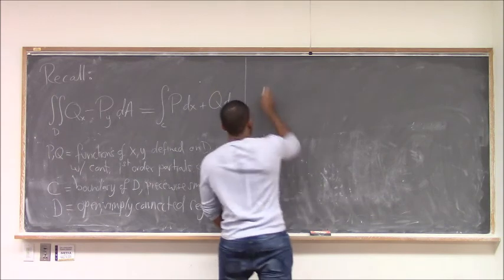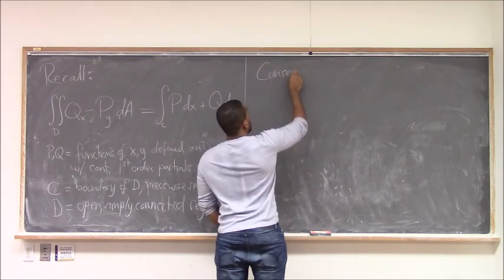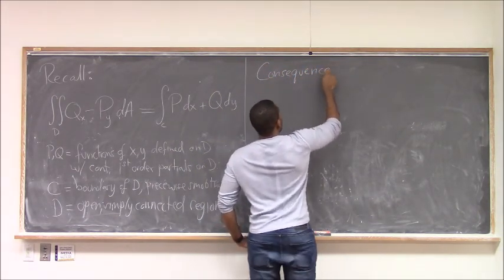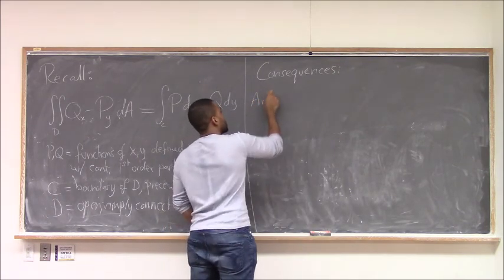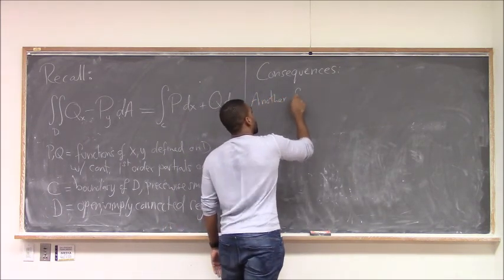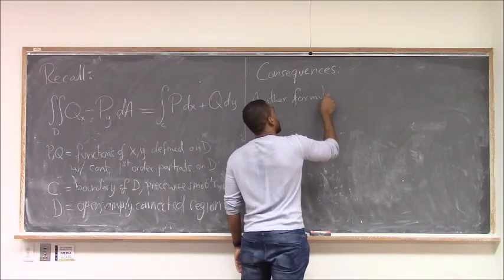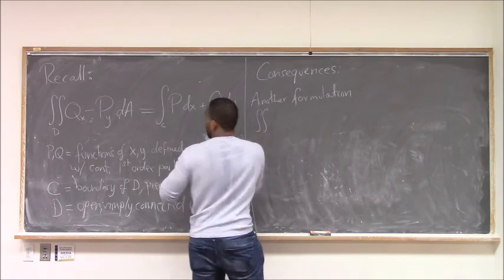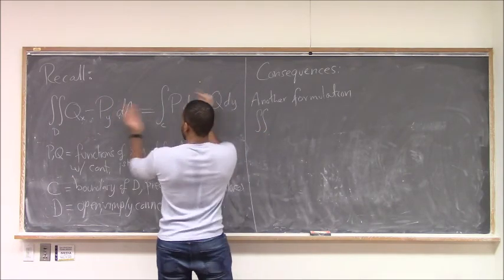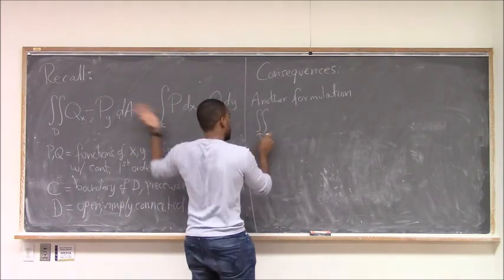Now let's look at some consequences here. We know another way to say this. This is kind of memorized backwards. Usually it's memorized the other way, but let me just continue with this pattern here.